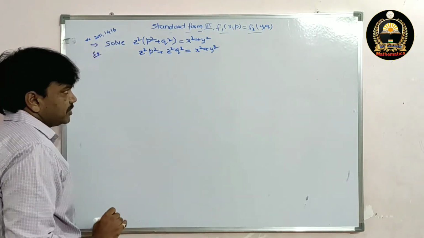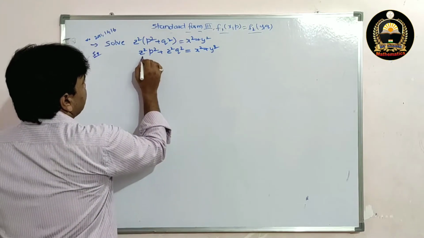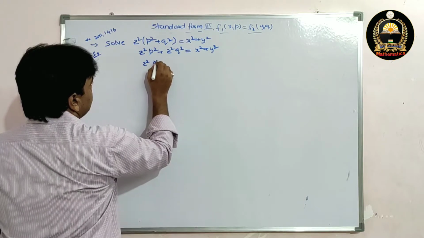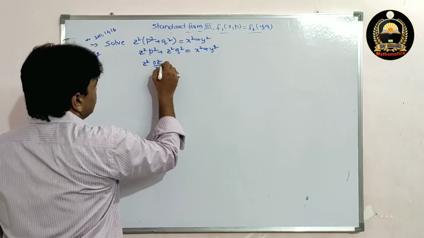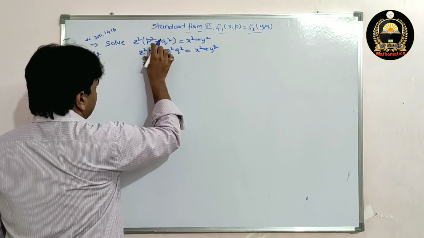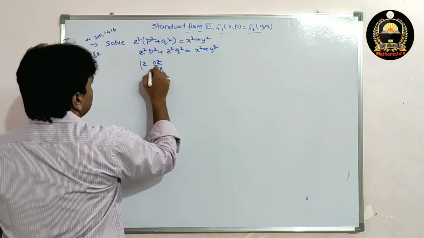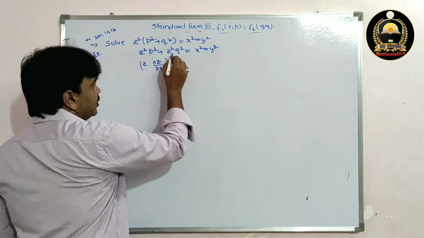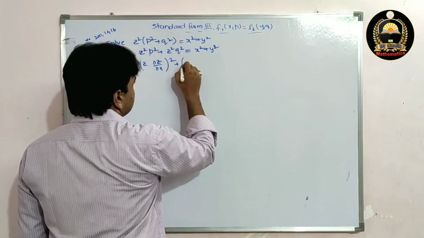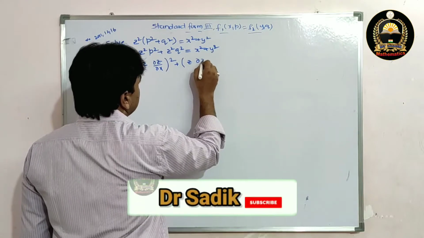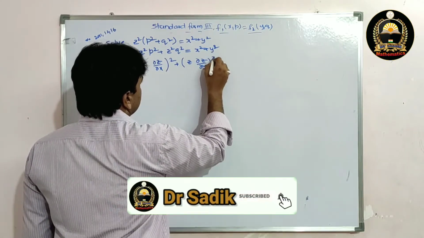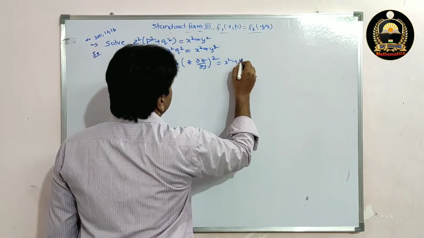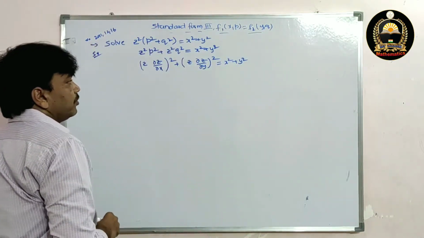Now see students, z square into p square means z into dou z by dou x whole square, plus z into dou z by dou y whole square, that is equal to x square plus y square.